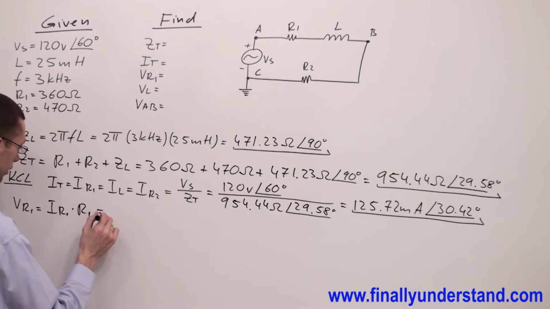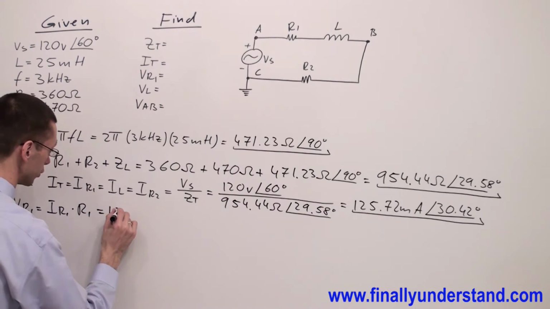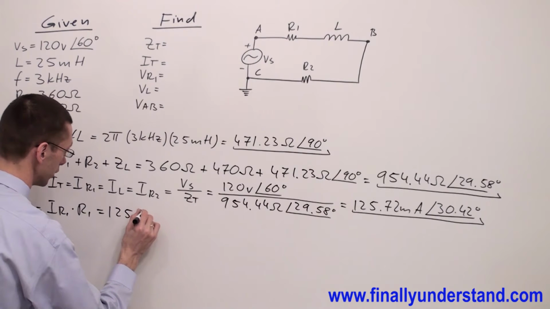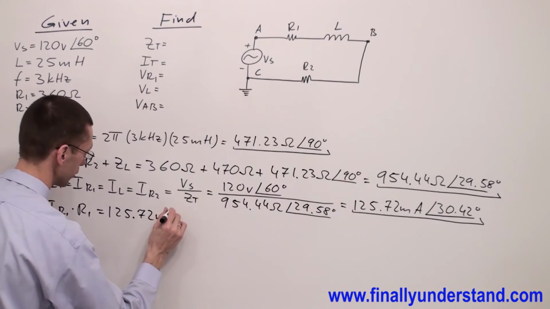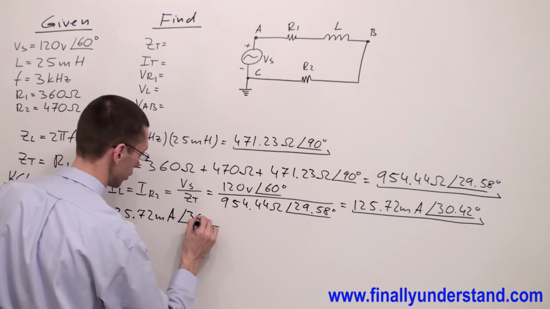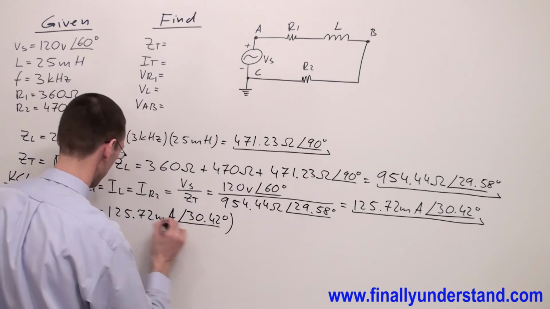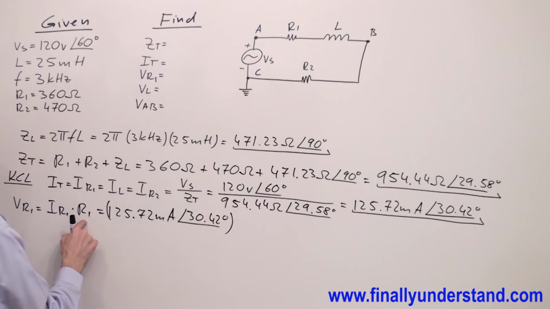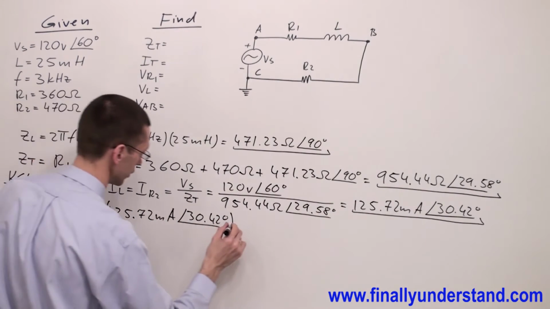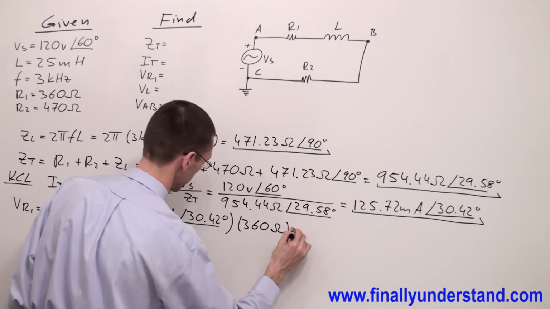So I have IR1, we calculated, is 125.72 milliamps, an angle of 30.42 degrees, times R1, which is 360 ohms.